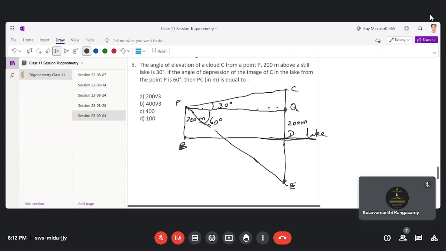Sundaresan, Shanmugam? Sir, I am stuck somewhere, sir. You got stuck. Okay. What about Shanmugam? Okay, Shanmugam has left the meeting. Okay, good.